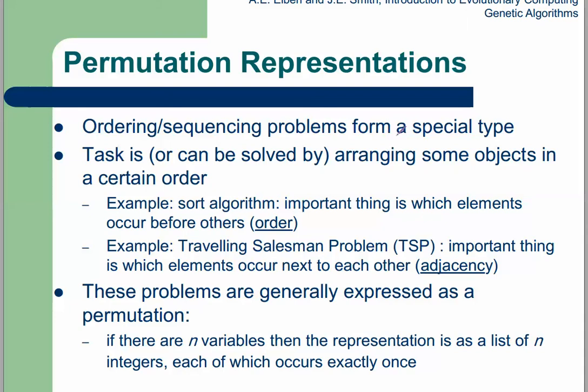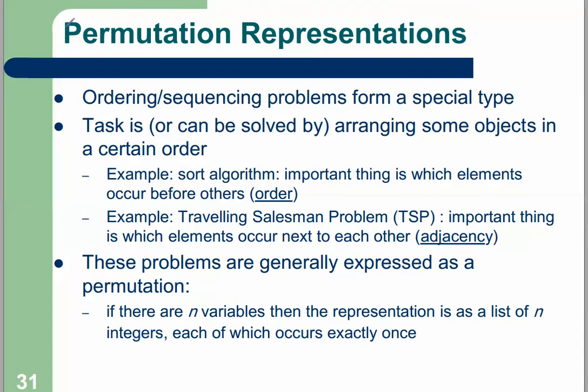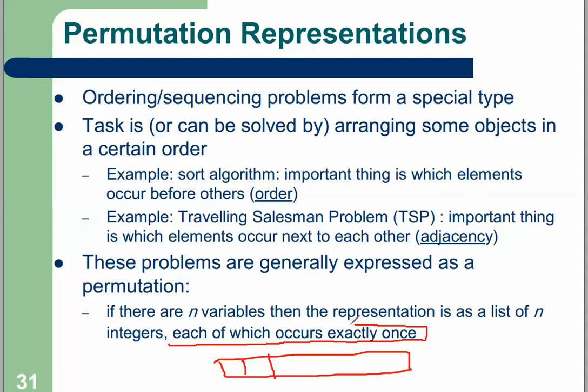Another representation is named the permutation representation. Permutation representation is a special representation where each gene is an integer value, but each of these genes occurs exactly once, not more, not less. Such problems include the sort problem.